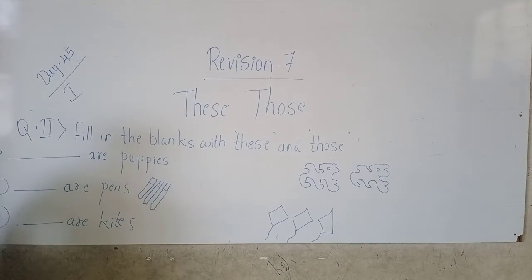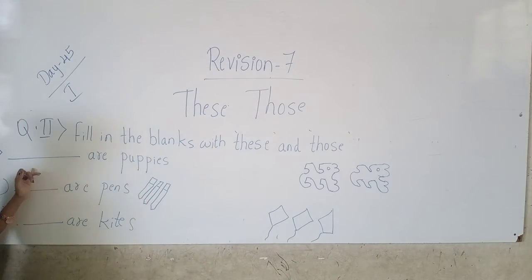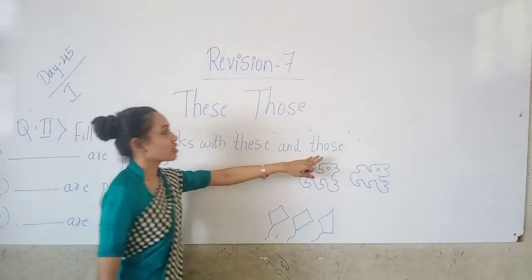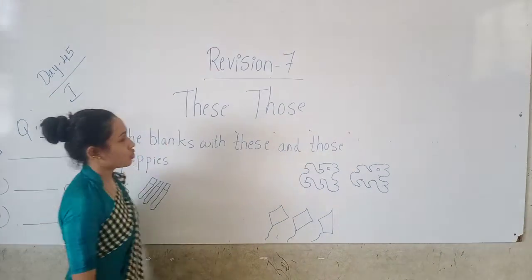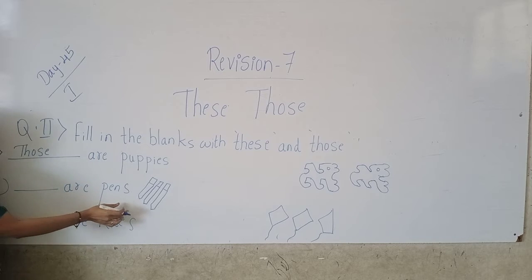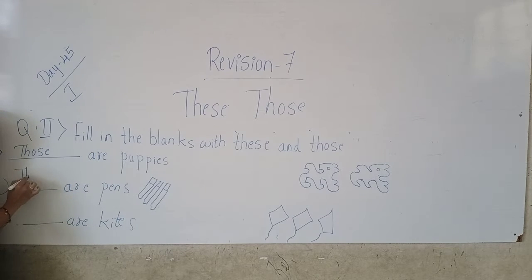See, children, puppies. So puppies are near or far from us? Yes, they are far. So what should we use, these or those? We should use those, to point out the things that are far from us. So those are puppies. Here, pens are near or far from us, children? Near. So what should we use here?